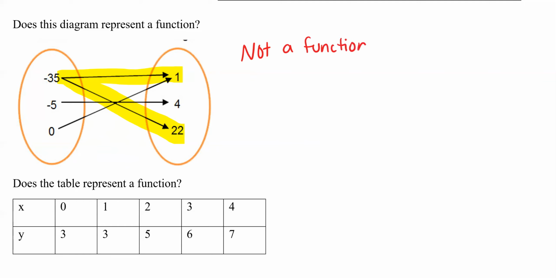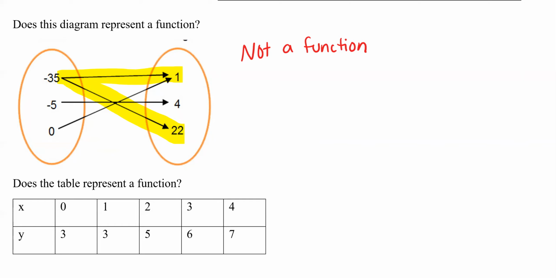Because it is not 1 to 1, -35 goes to both a y value of 1 and a y value of 22. So this is not a function. You're looking for the 1 to 1.